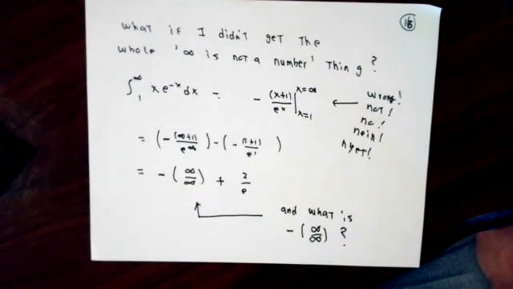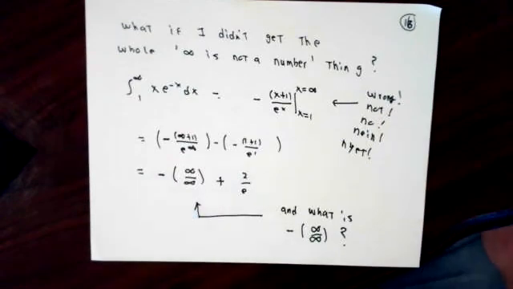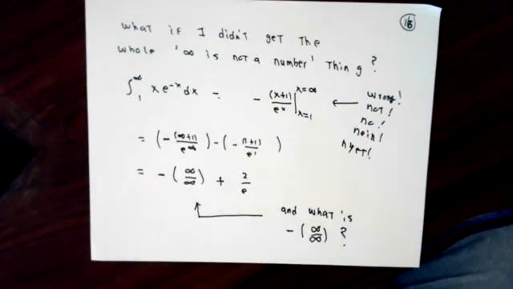Infinity over infinity, what's that supposed to be? And then I have to take the negative of that. This doesn't even make any sense. Many times people ignore all this talking and think that it does and say that that's 1 because you're taking something and dividing it by itself.